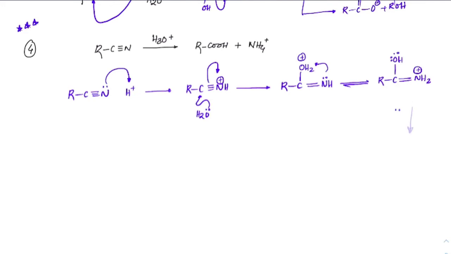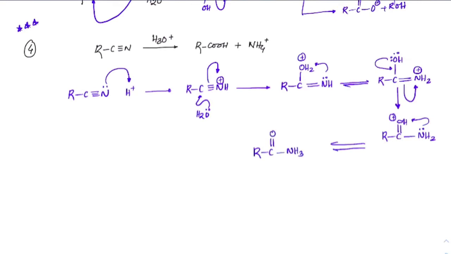Wait, not to skip, I'll write that also. So we'll get this as C double bond OH plus with NH2. Again, the lone pair present on nitrogen will take away this H plus. We will get this as R C double bond O NH3 plus.